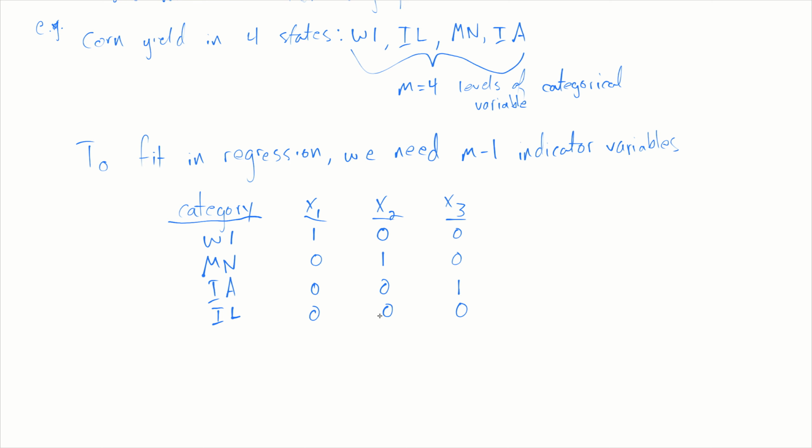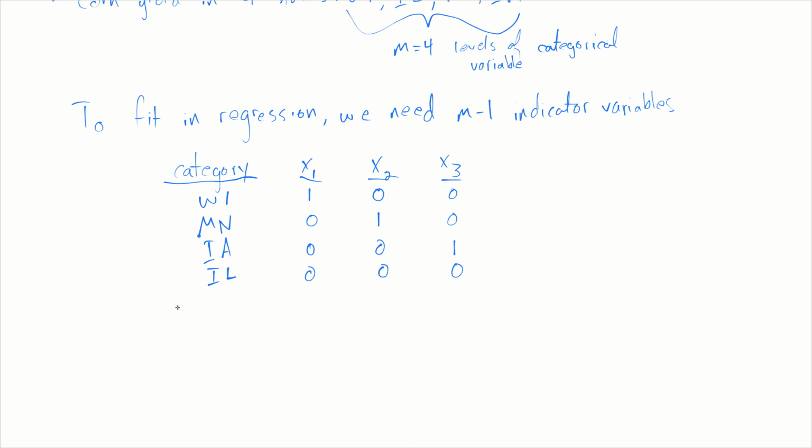Then let's fit this model. We've got our x's now. Y, this is corn yield, equals beta naught plus beta 1 x1 plus beta 2 x2 plus beta 3 x3 plus epsilon.